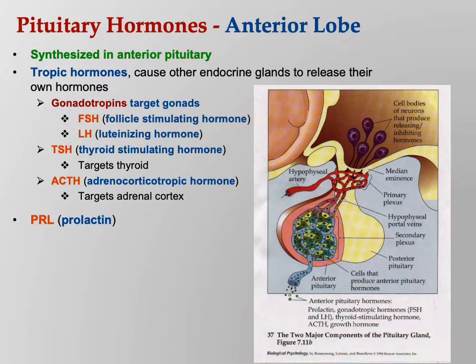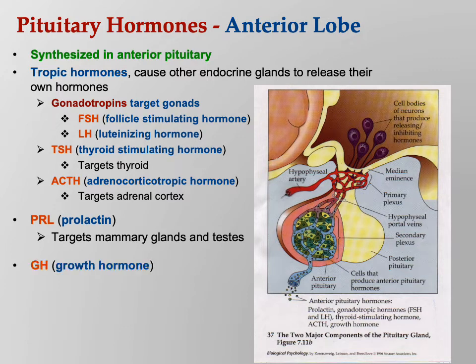Prolactin, to produce milk. Targets the mammary gland and the testes. We'll see later exactly what effects it has in the testes. Growth hormone targets basically everything. Growth hormone, you've got to stimulate growth throughout the body. So what are we going to do? Well, remember, the liver makes all those plasma proteins.